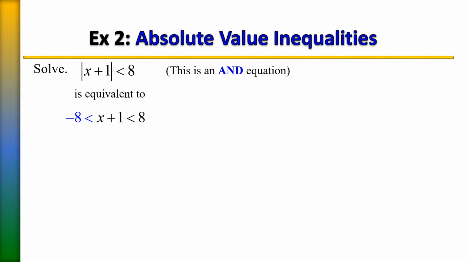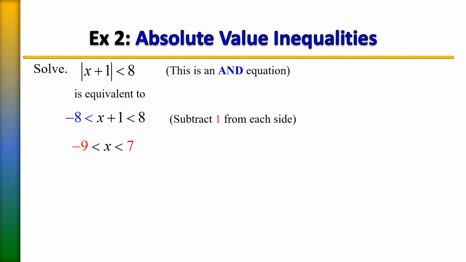Our goal with any equation is to solve for x. Right now, guess what? 1 is with x. We got to get rid of that 1. So let's go ahead and subtract 1. But we have 3 parts to our equation, so that means we're going to subtract 1 from all 3 parts of our equation.